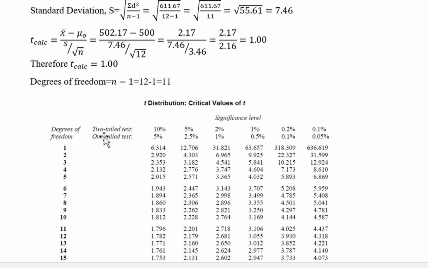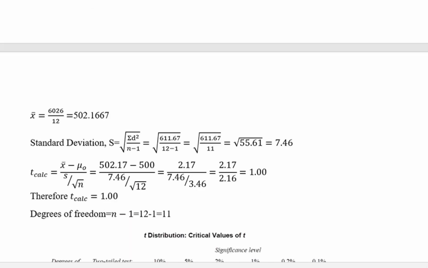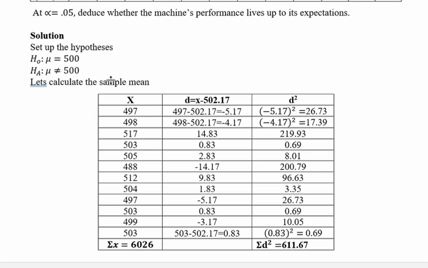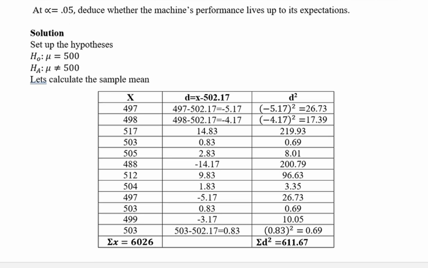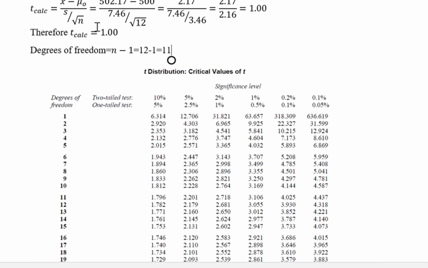Then up here, remember from the alternative hypothesis, we agreed that the presence of this not equal sign means it's a two-tailed test. So we shall look for 0.05 and a two-tailed. Two-tailed is the one which is written on top here. Remember the captions here are two. We have the first one here for two-tailed, and then there is one for one-tailed. We shall look for two-tailed where 5 is. 5 is here.